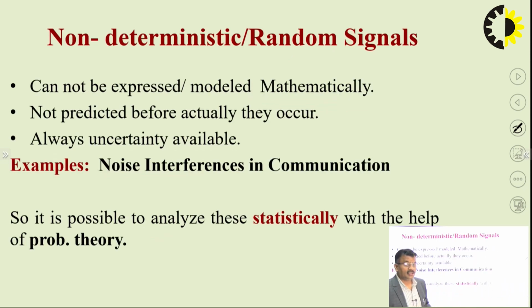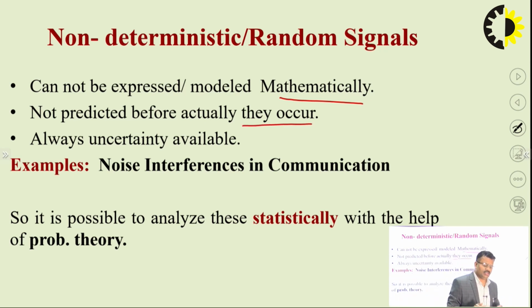But in the case of non-deterministic or random signals, like a noise signal in a communication system, what will happen? Why am I calling this non-deterministic? Because you cannot express it mathematically. If you are not able to express it mathematically, obviously it cannot be predicted before it actually occurs. And if it is not predicted, uncertainty will always be there. For example, noise and interference in a communication system.